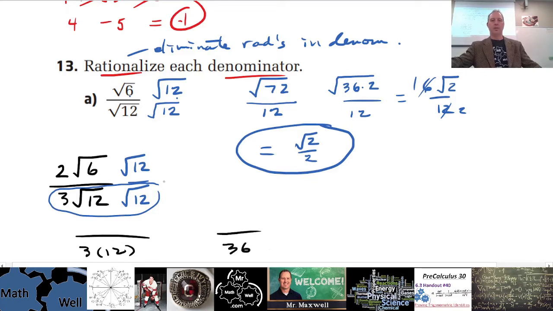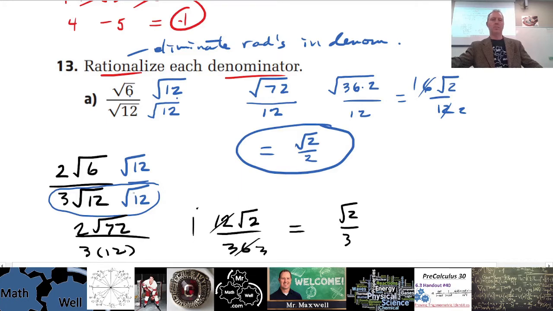And this would be 2 root 72, which would be, I guess, 2 times 6, or 12 root 2. And then that would simplify, so this would be root 2 over 3.